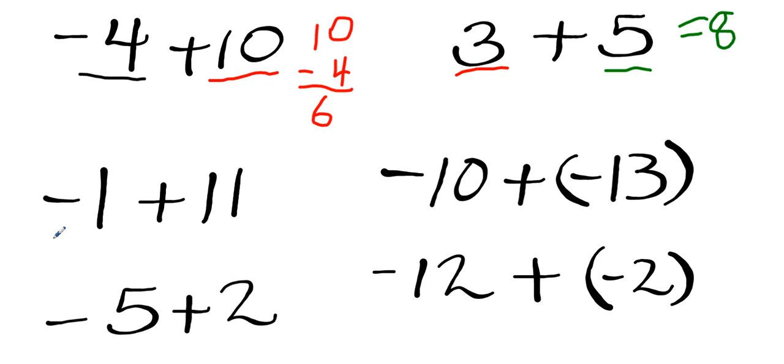So let's take a look at the next problem. When we look at this, -1 plus 11, these signs are different. This is negative and this is positive. So therefore, if they're different, we're going to subtract the way that we do regularly. So 11 minus 1 gives us 10.